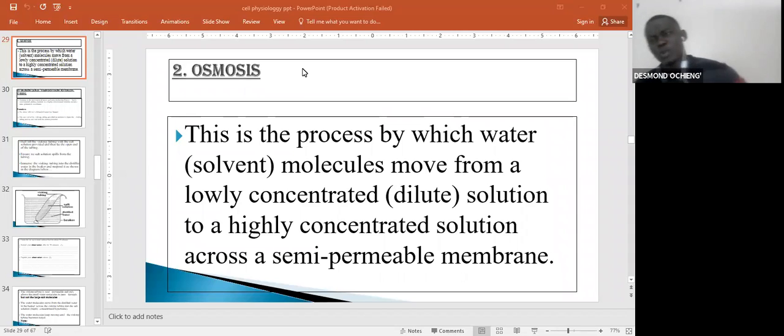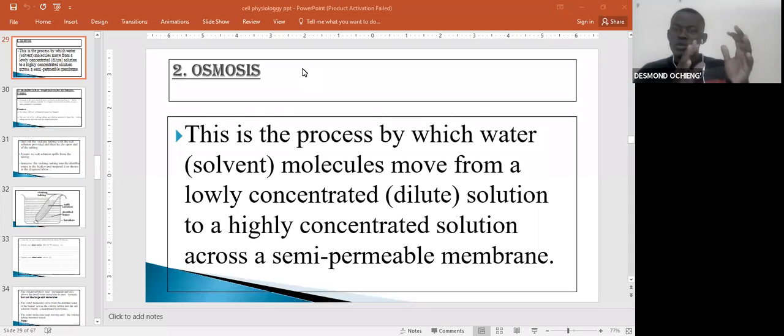In our last class, while talking about diffusion, we defined the word diffusion as the movement of molecules or particles of a particular substance from a region where they are highly concentrated to a region where they are lowly concentrated. That is the definition for the word diffusion.